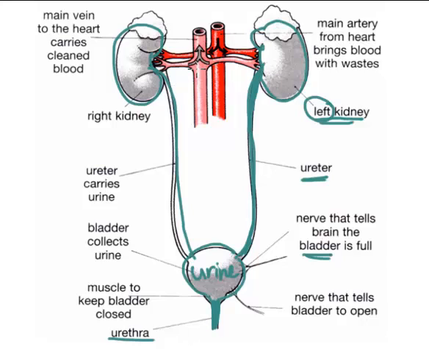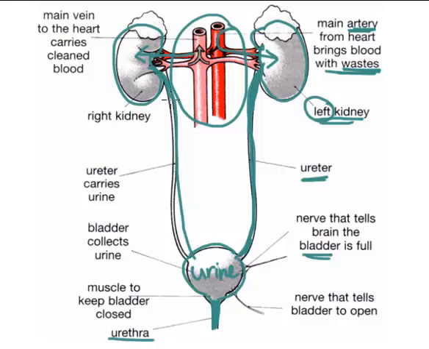Associated with the kidneys are blood vessels. There is going to be an artery that brings blood from the heart, and the artery is going to be rich in waste substances. Of course, this blood is going to flow into the kidneys and it's going to be filtered and purified.